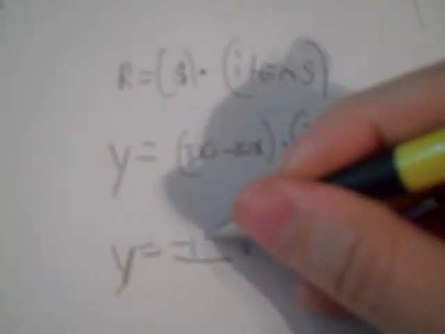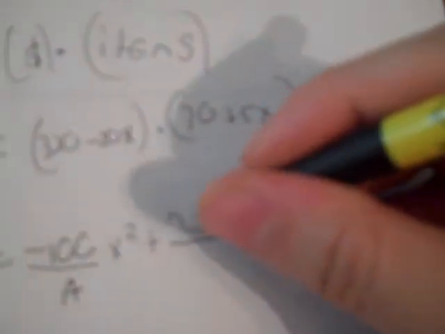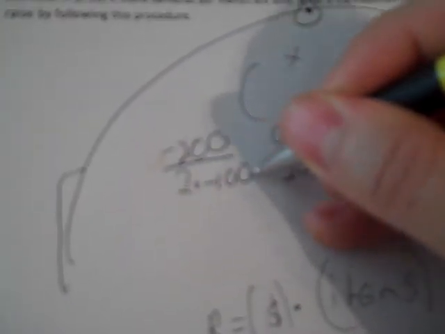Calculate it, and it's going to be negative 100x squared, so negative 100. And that's your A coefficient. B is 200, that's your B coefficient. And C is 22,400. Okay, so the opposite of B is going to be negative 200, and then 2 times A. So it's going to be negative 200, and then divide that, and that's 1.